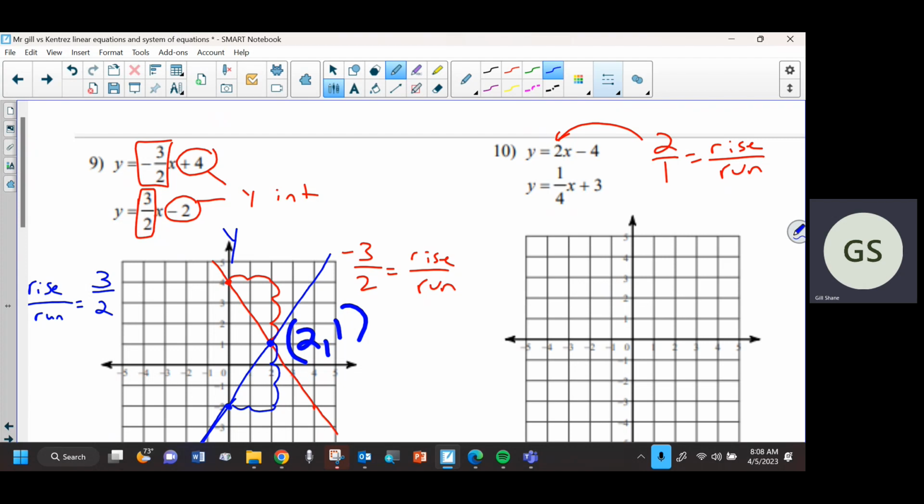I only have one point that works for both. That's why it's the answer. It makes both equations true when I plug it in, meaning the left side equals the right side in both. So that's the complete understanding of what a system of equations is.